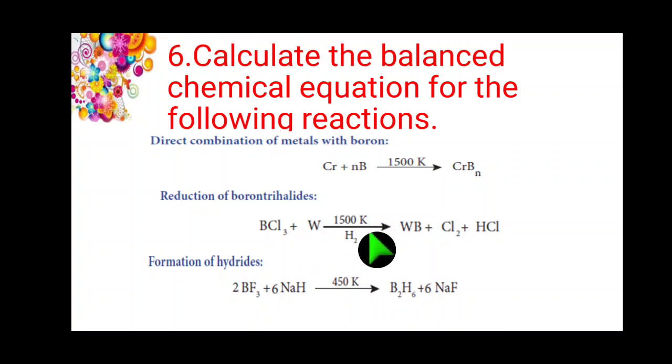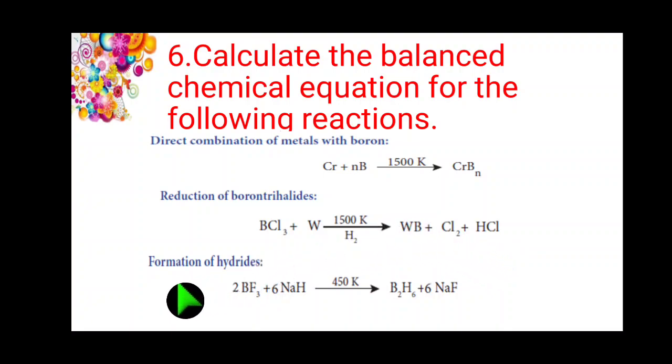At 1500 Kelvin, reduction takes place, right? So hydrogen is added. So what will happen? Metal boride, WB, tungsten boride, generally metal boride, the common name tungsten boride, and the chlorine gas with the hydrochloric acid.